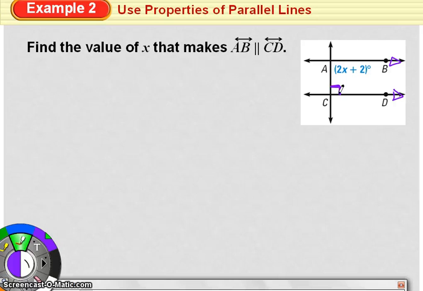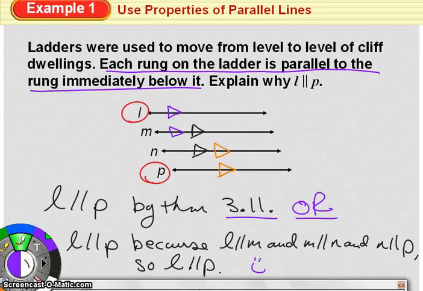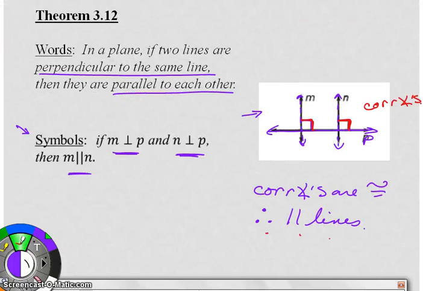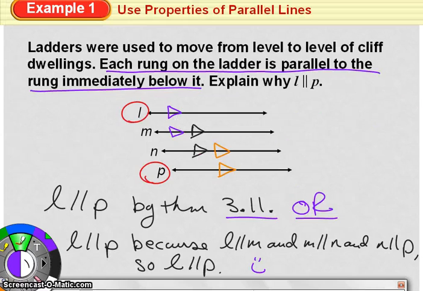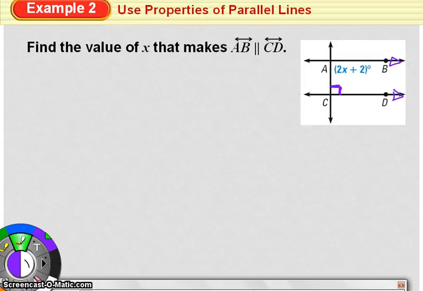Okay. Well, if we go back to some of our postulates here, or theorems, Theorem 3.12 says that if you have two lines that are perpendicular to the same line, then the two lines are parallel. So we can use that. These would be two lines, AB and CD, perpendicular to line AC, then the two lines are parallel.